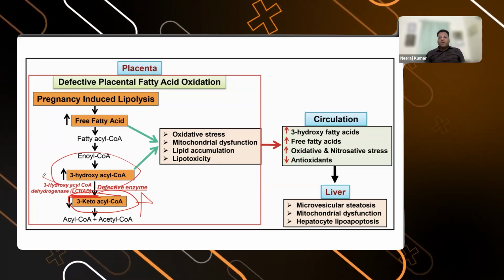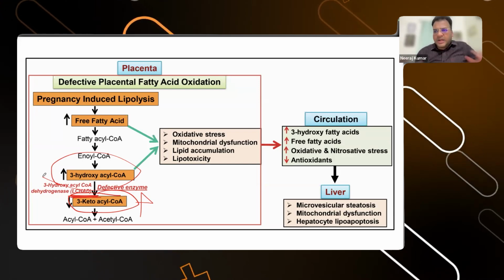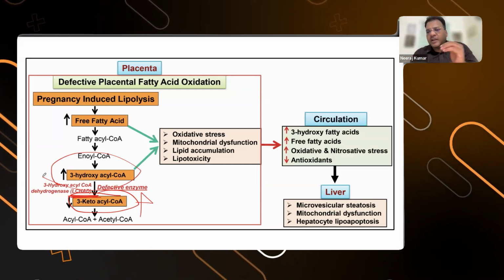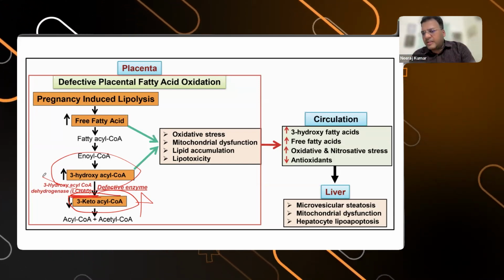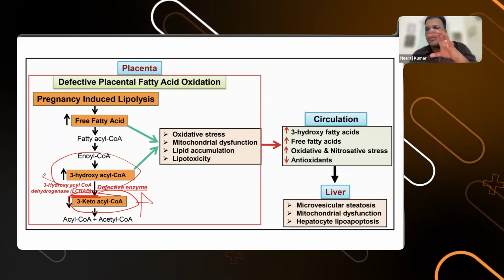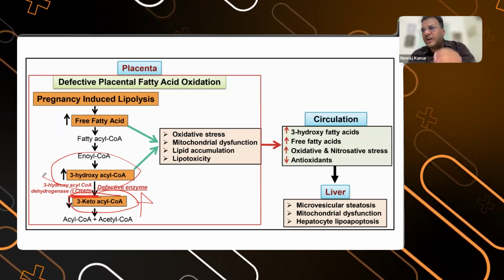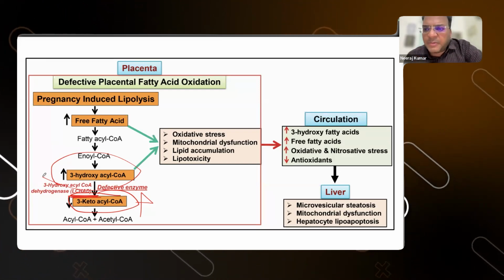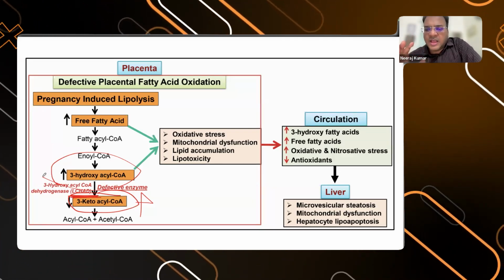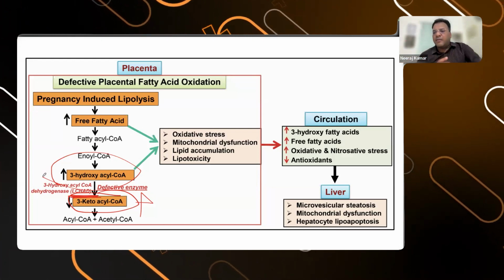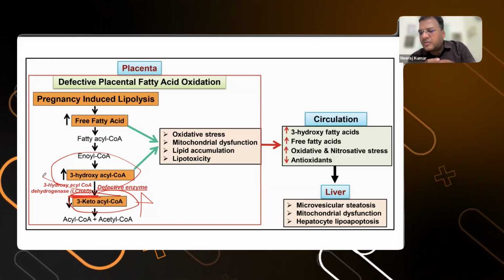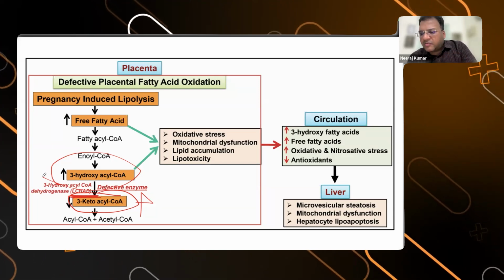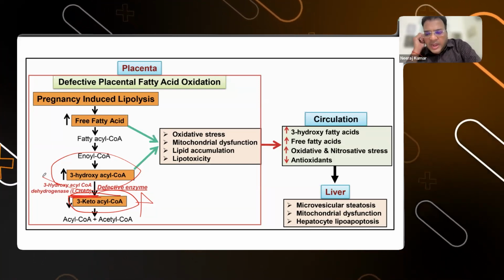So what will it be doing? It will be increasing the free fatty acid level in your blood. Free fatty acids will be increasing in the blood, with more and more oxidative stress. So nitrosative stress as well as oxidative stress, and all the antioxidant fighting ability will simultaneously decrease. And that's why the liver will have microvesicular steatosis, mitochondrial dysfunction, and hepatocellular lipoapoptosis.